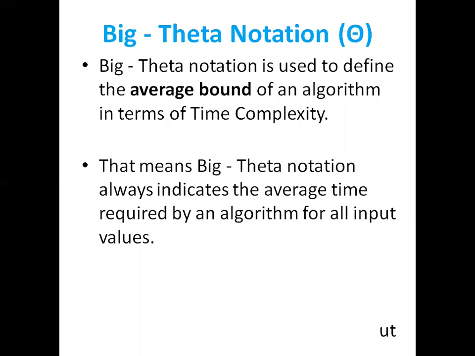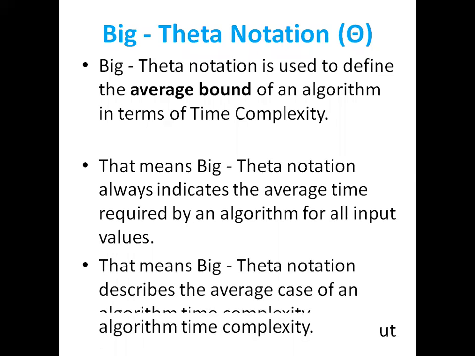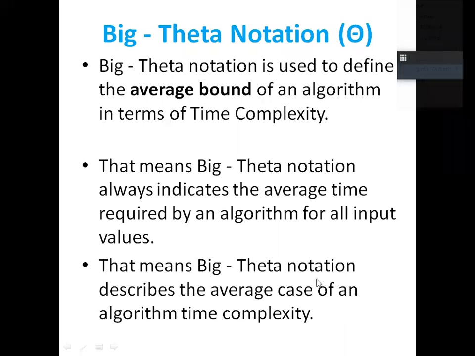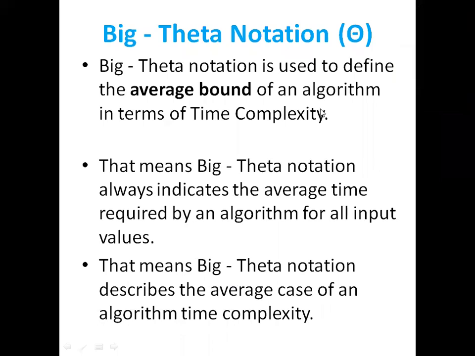Big omega notation always indicates the minimum time required for the execution of that algorithm. But the big theta notation describes the average case of an algorithm's time complexity.